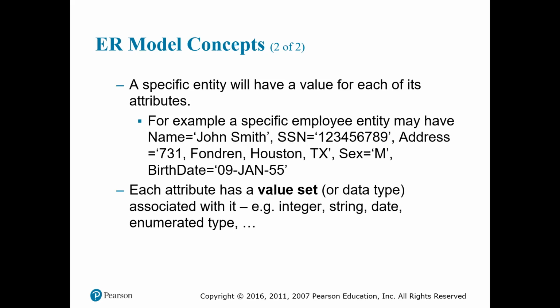An enumerated type would be like M, F, male, female. Or if you wanted to have a pick list of employee types, like manager, software engineer, job role, those sort of things are enumerated categorical variables.